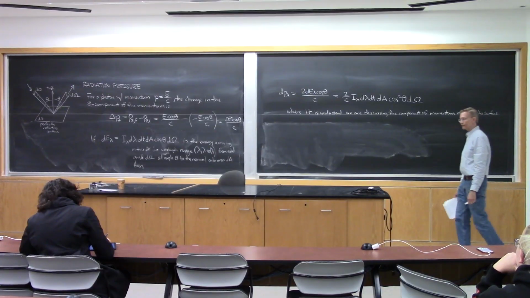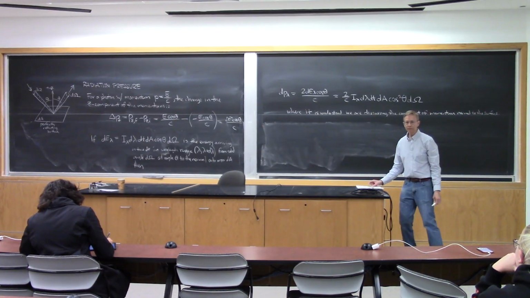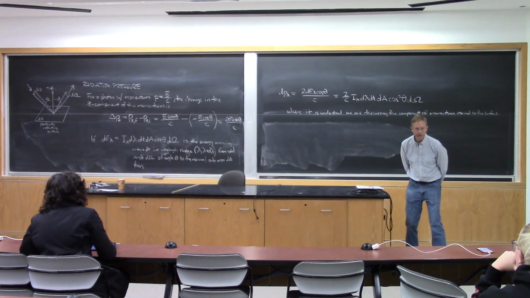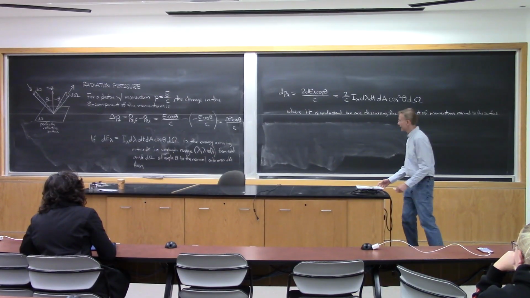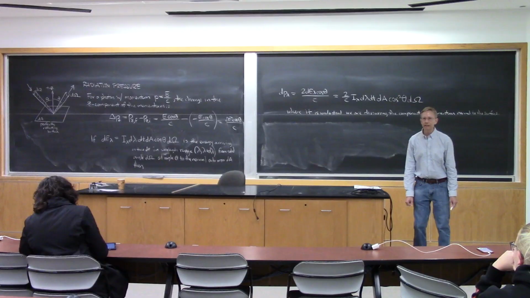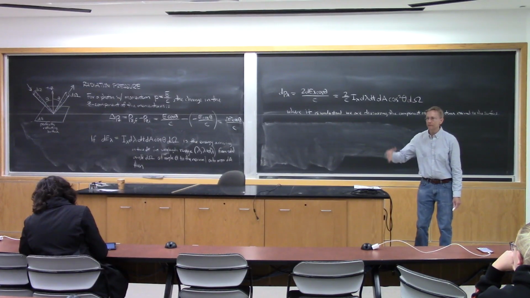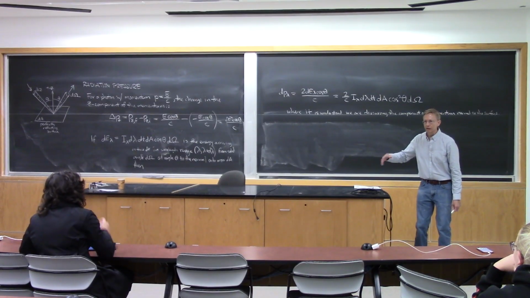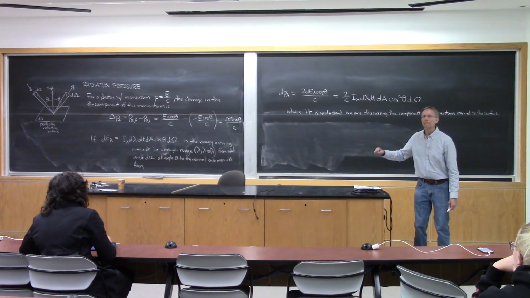Now, pressure is what again? What are the units of pressure? Newtons per square meter, right? It's force per unit area. And the force that's applied to the surface will be the rate of momentum transfer to the surface.